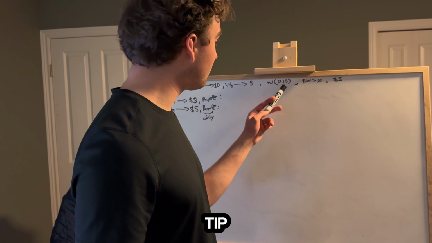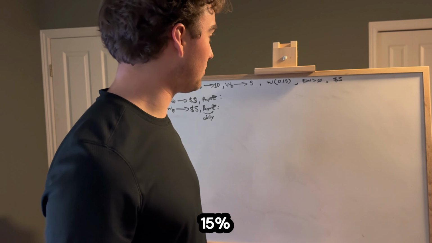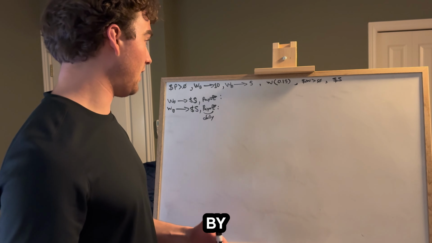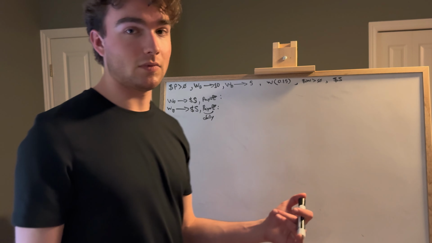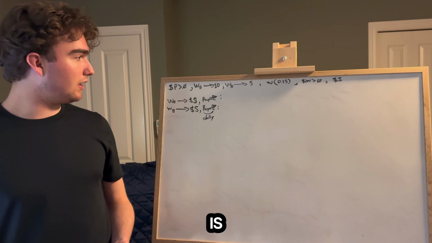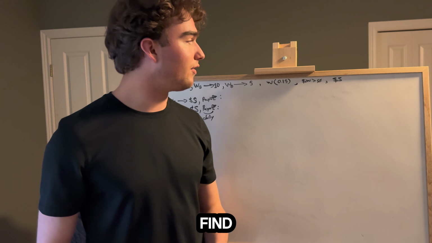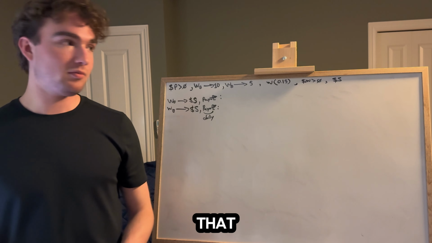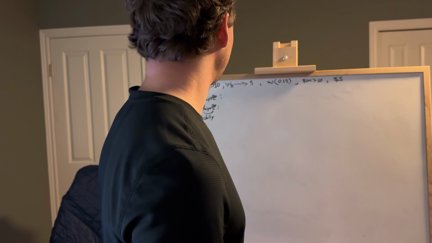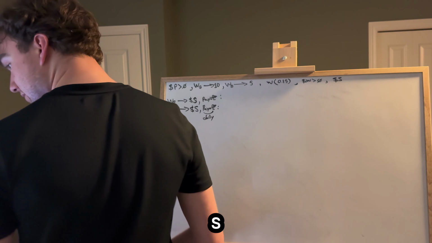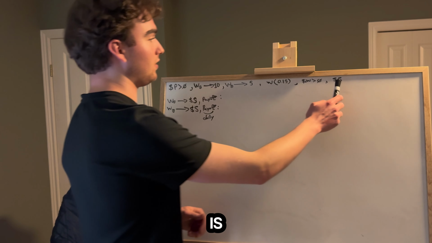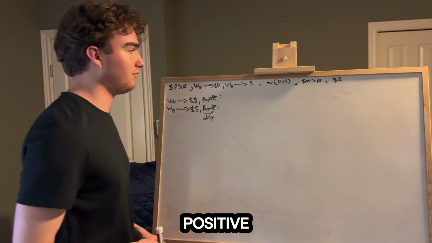The tip percentage is 15%, and the amount earned by not being a server is greater than 0 because they're going to find another job that pays them at least more than $0. Okay? And then S is the wage. So S is the wage, obviously being positive as well.